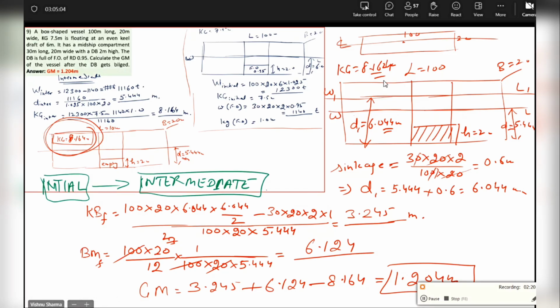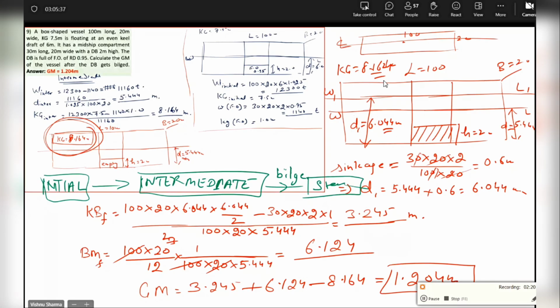And then you will come to the final: bilge the intermediate and get the stability. This is the step to be followed if the compartment carries liquid before bilging. Is that clear, beta? Yes. Review this. If there is any doubt, anything which you think is contradicting with logic, we can always take it up tomorrow again. There's absolutely no problem.